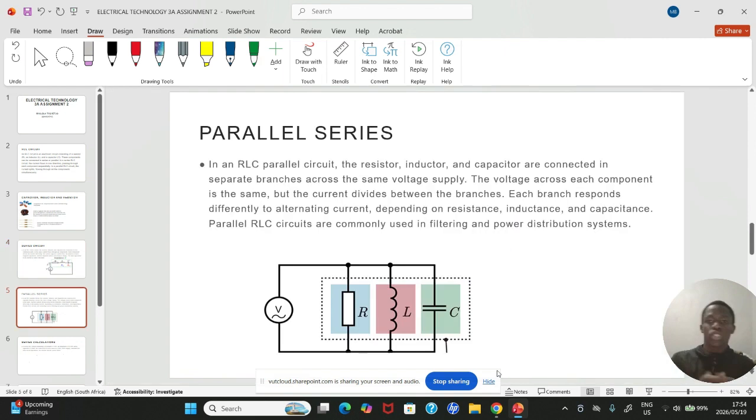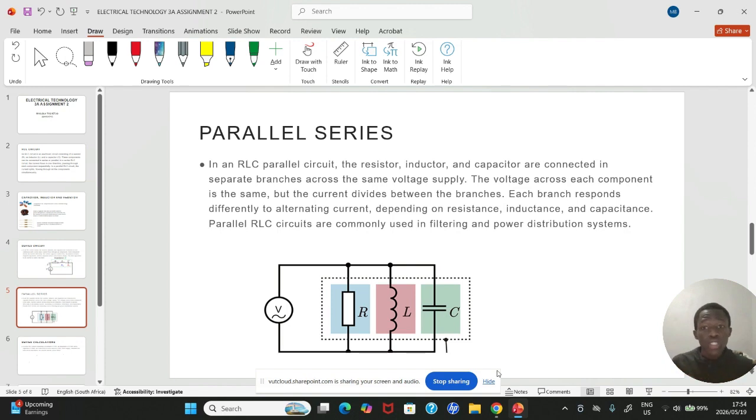In the parallel circuit, I have the resistor, inductor, and capacitor connected in separate branches. You all know that a parallel circuit has separate branches, right? It uses the same voltage supply.